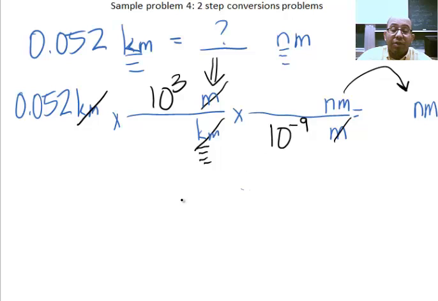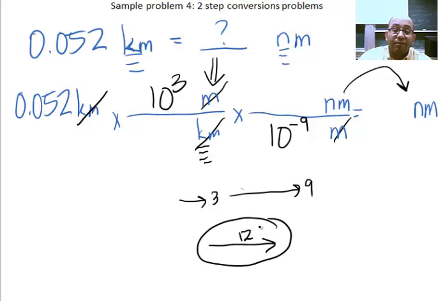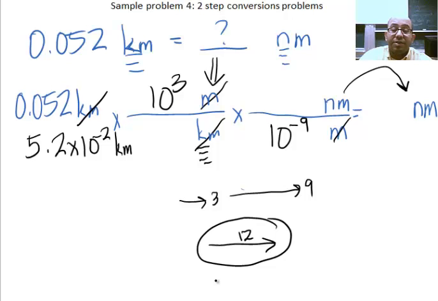So subtracting a negative 9 means add 9, so I'm going to move it 3 times to the right, and move it 9 more times to the right, which means overall I'm going to move it 12 times to the right. Well, if this number over here, when I change it into scientific notation, is 5.2 times 10 to the negative 2 kilometers, I'm going to move it 12 times to the right.